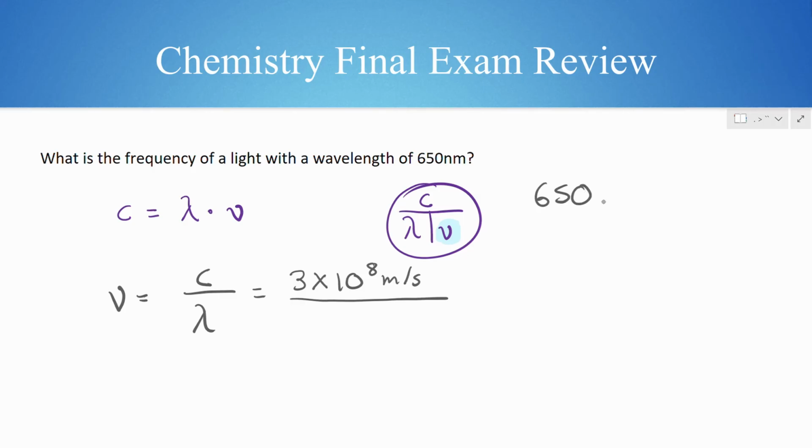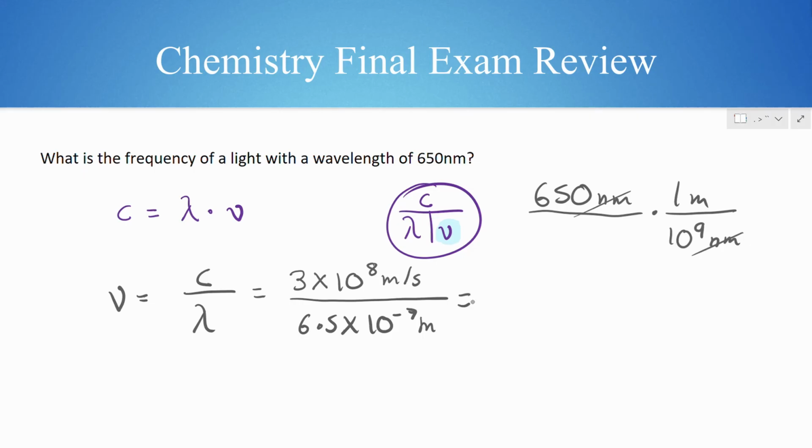So we can say that in 1 meter we have 10 to the 9 nanometers. And that's going to be equal to 6.5 times 10 to the negative 7 meters. And now we can do our math. And meters cancel out. This gives 4.62 times 10 to the 14, and this will be the frequency.